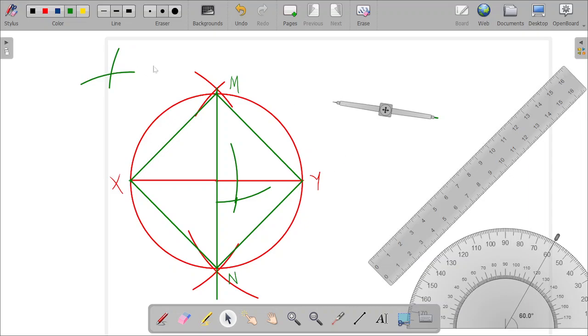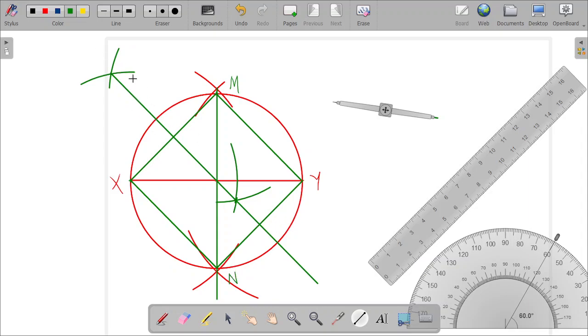Now you take your ruler and connect the points of intersection of those arcs with a long line. Make sure they are connected, and this line must be long enough to cut line NY.